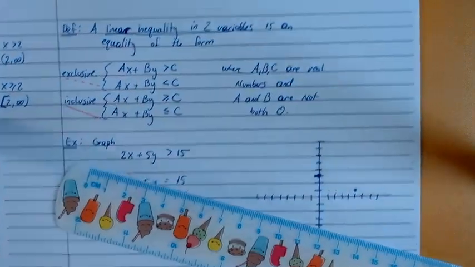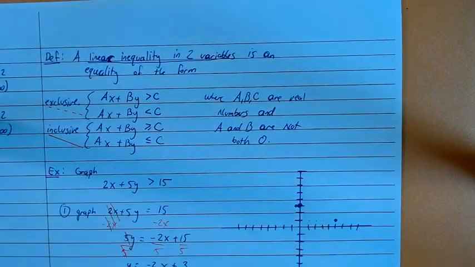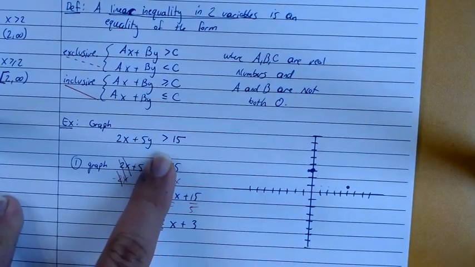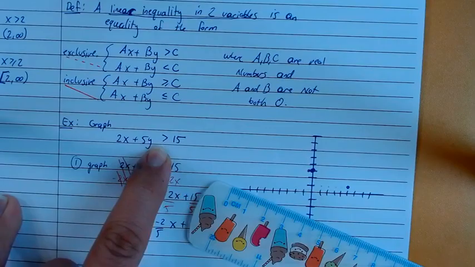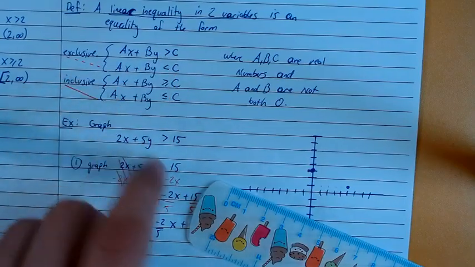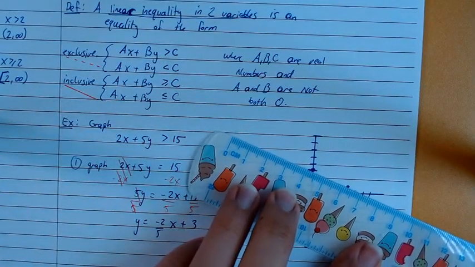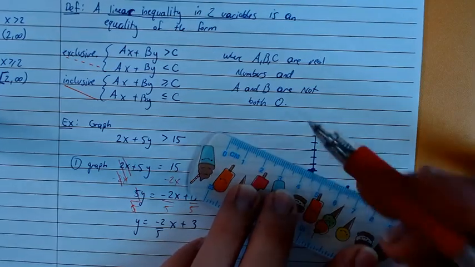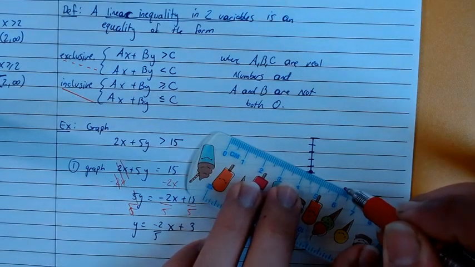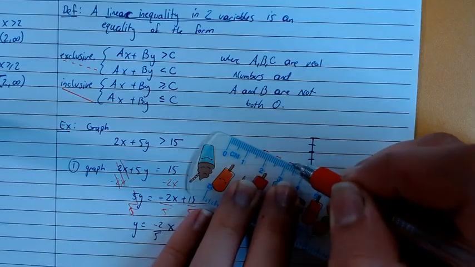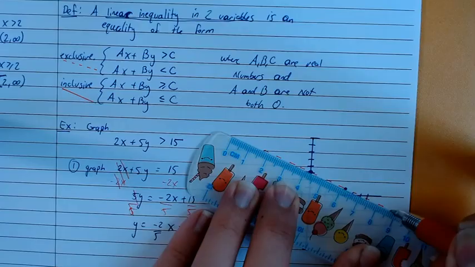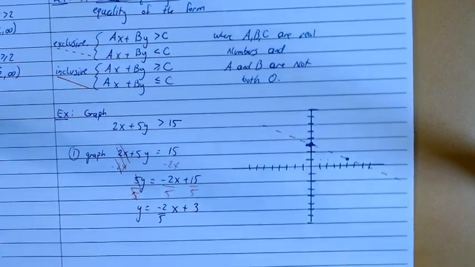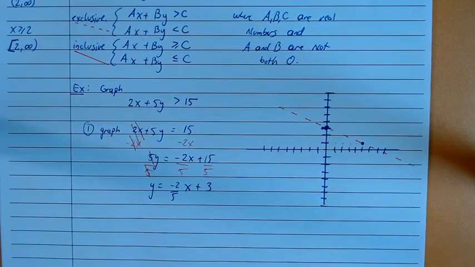So here, when we connect our dots, notice this is an exclusive inequality, greater than, not greater than or equal to. So we're going to use a dotted line to connect those points. Like that. All right, so that is our graph.